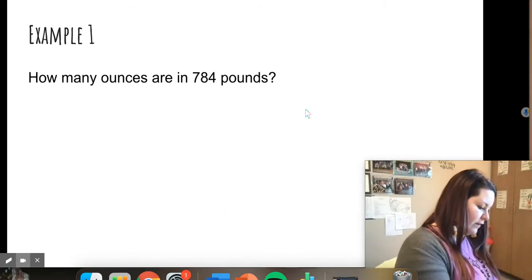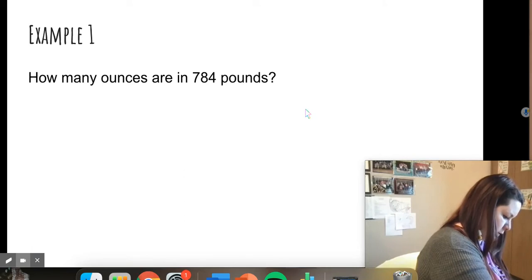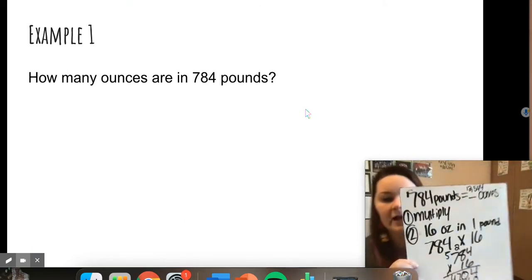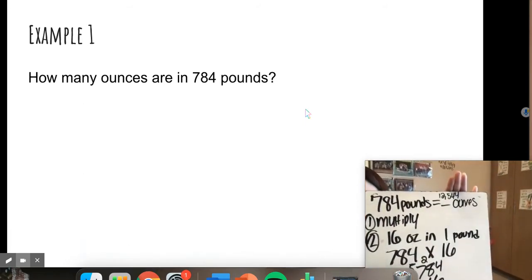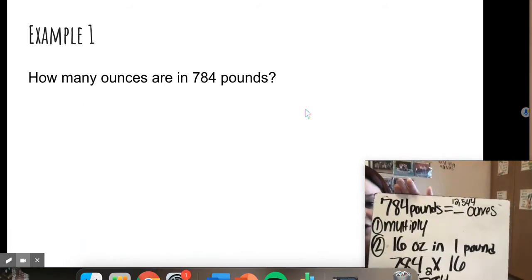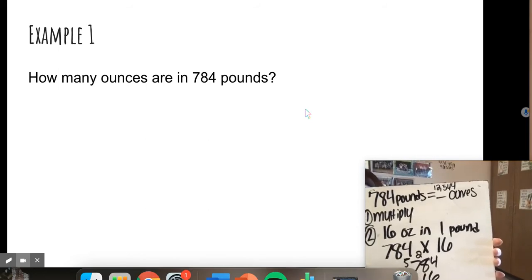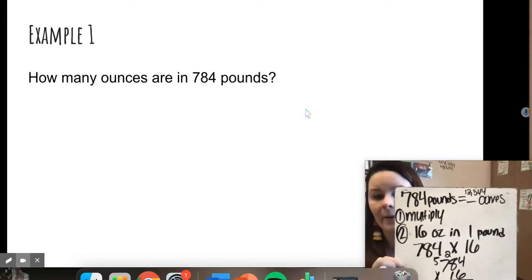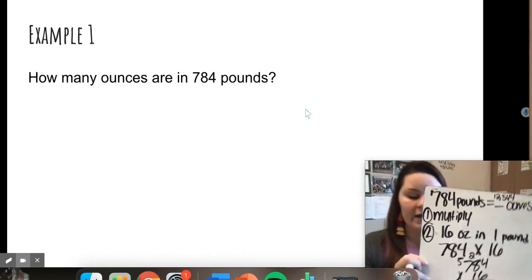Okay, and I get 12,544 ounces. Okay, and then I can ask myself, does that make sense that 12,544 ounces could be in 784 pounds? And it actually does make sense because ounces are much smaller than pounds.